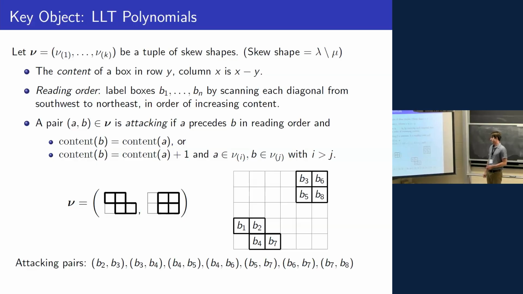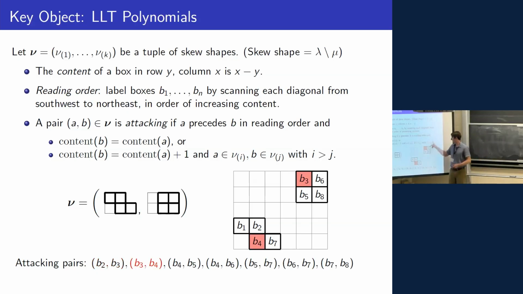And then I want to define a notion of attacking pairs. This is the definition, but maybe I'll just say it out loud because it's almost easier that way. If two boxes are on the same content diagonal, we'll say they're attacking. But also if I have a box and another box in the next content diagonal below it, that will also be attacking. So for instance, B2 and B3 are in the same content diagonal, so they're attacking.